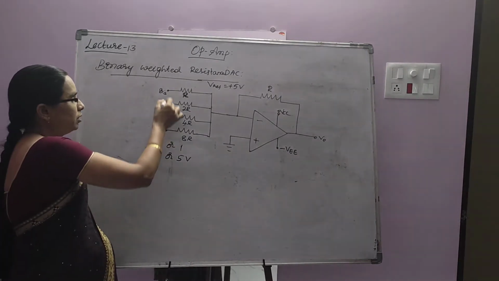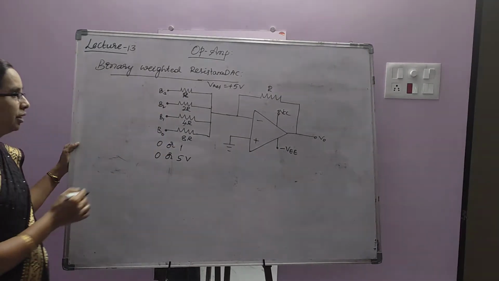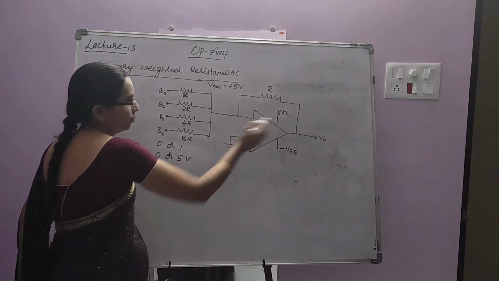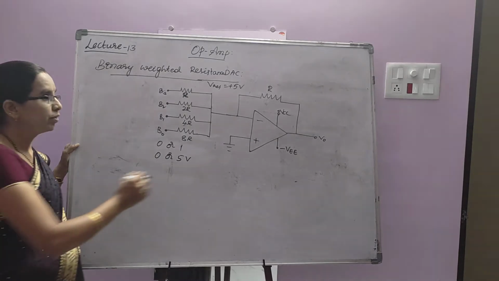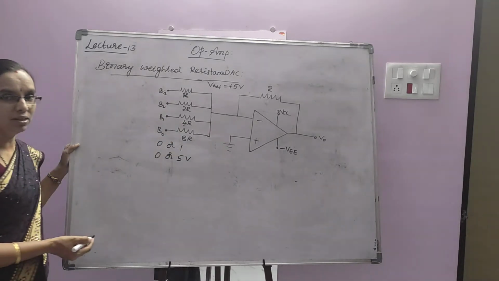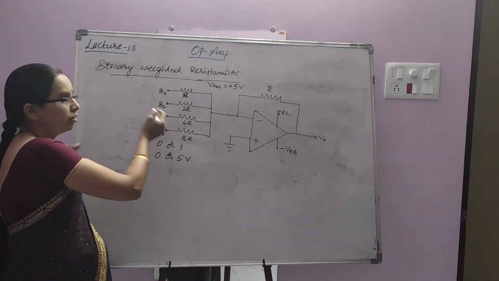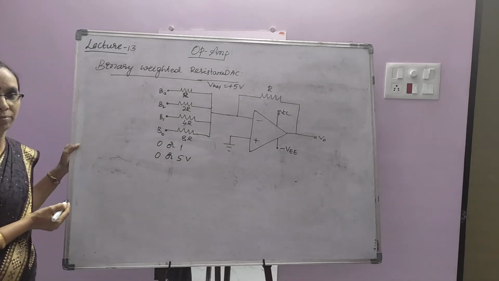So the input will be in binary form, binary bits, that is converted into the corresponding analog voltage. The output voltage is proportional to the input binary format.